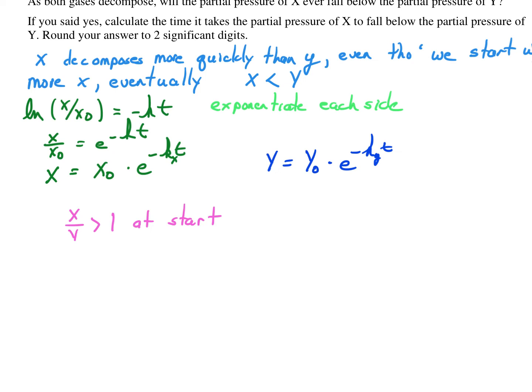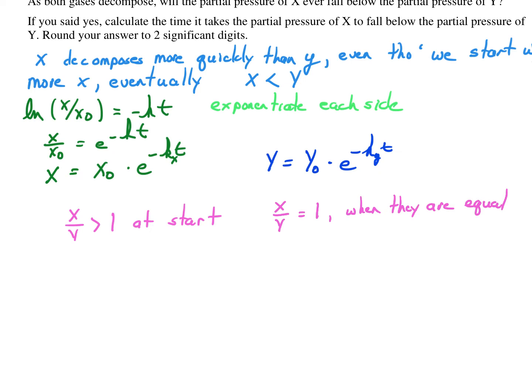At some point after the reaction starts, the ratio x to y is going to be equal to 1, when they are equal. After this point, x to y is going to be less than 1 because x is decreasing more quickly than y. So we're going to solve for the time at which x to y is equal to 1.